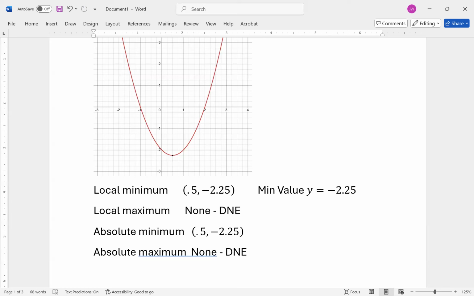So the local minimum point, the absolute minimum point, there's only one of them in this graph. That's 0.5 comma negative 2.25, with a minimum value of negative 2.25. And there's no local maximum and no absolute maximum for this graph.